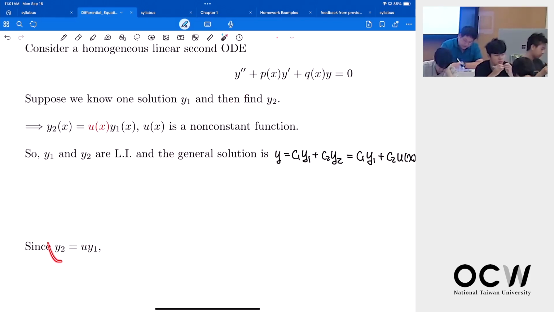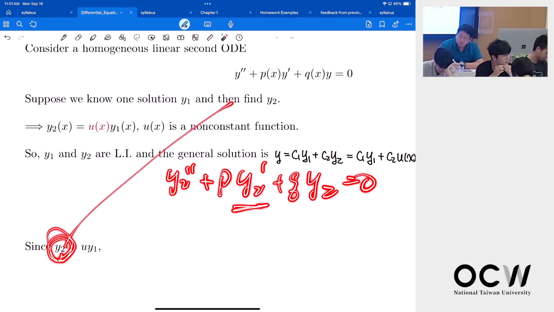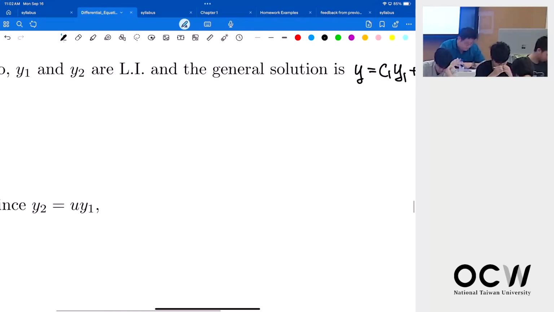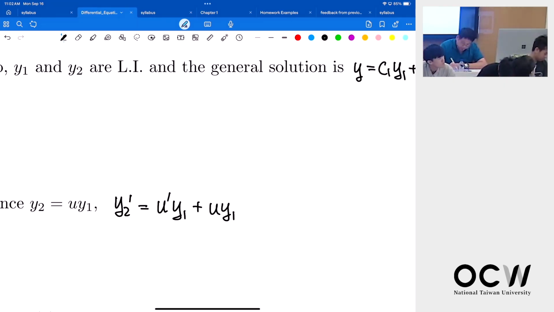Then first, y2 is a solution, so y2 double prime plus p y2 prime plus q y2 is 0. What is y2 prime? What is y2 double prime? Let's see. y2 prime will use the chain rule: take the derivative of the first term and keep the second term, plus keep the first term and take the derivative of the second term. And for y2 double prime, do that again.